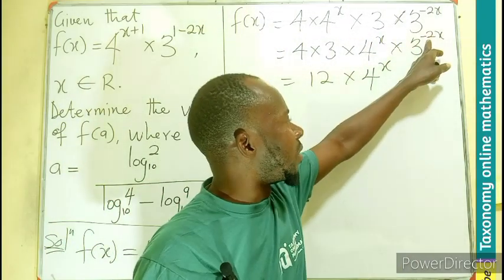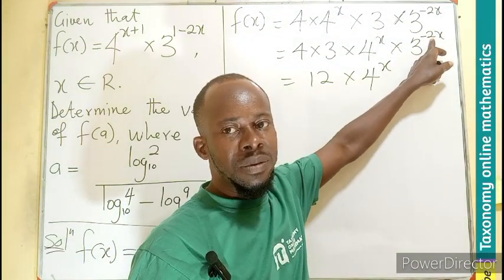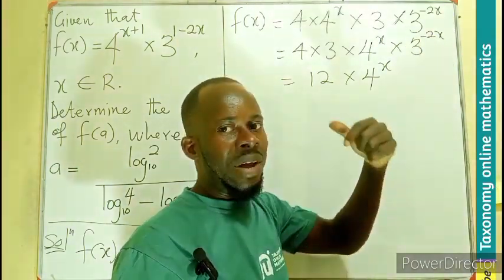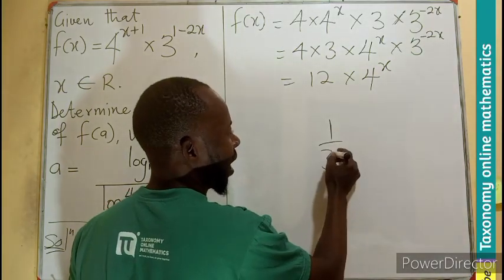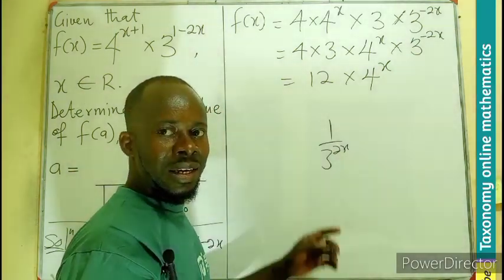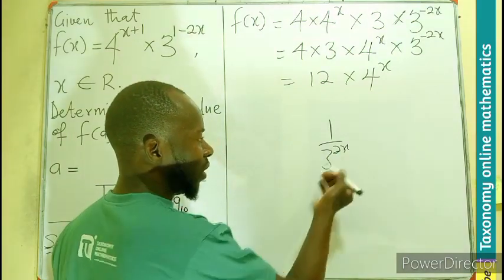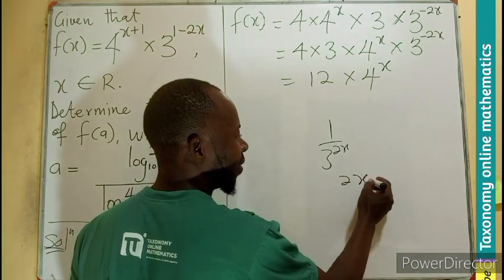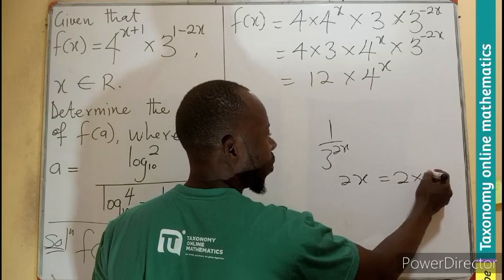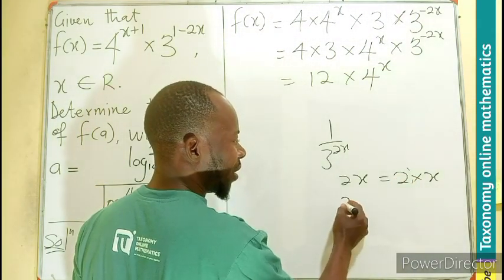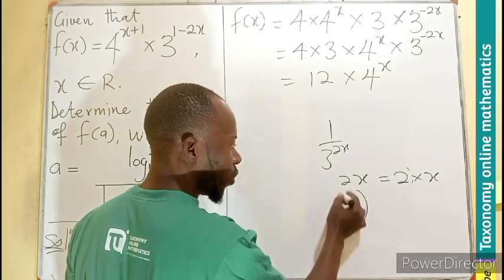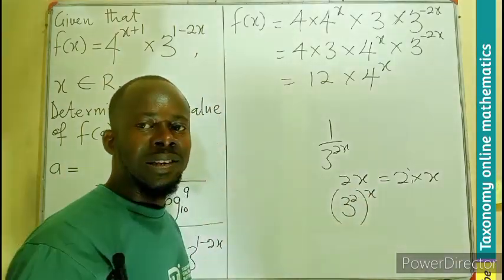But because of the negative power, we can have the reciprocal, meaning 1 over 3 exponent 2x. Now 2x is actually 2 times x, so we can write this as 3 exponent of 2 times x.